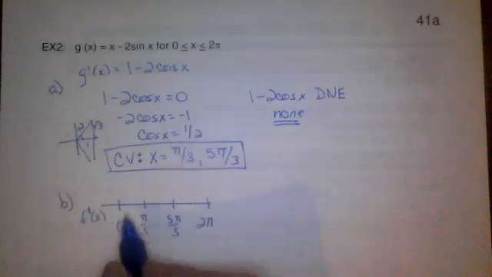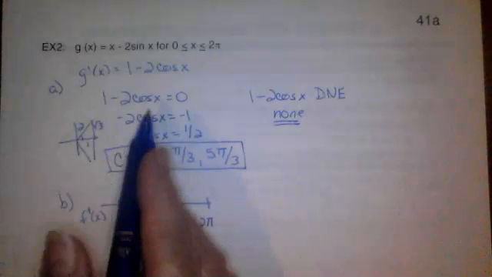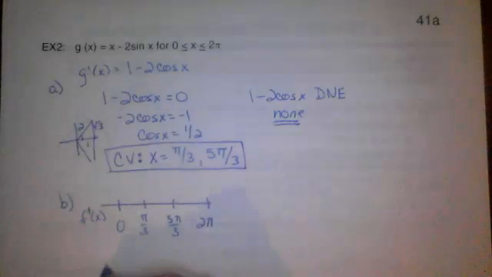Okay, so I'm going to pick pi fourths. If I put pi fourths back into my derivative, I'd have 1 minus 2 times, and at pi fourths we've got 1 over square root of 2. So 1 minus 2 over square root of 2.